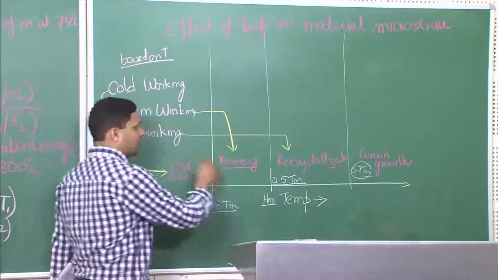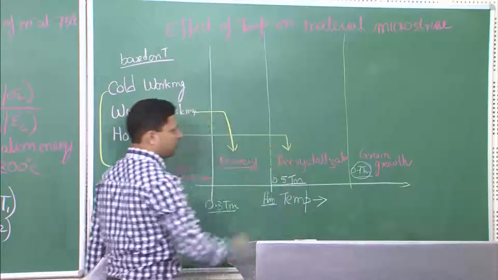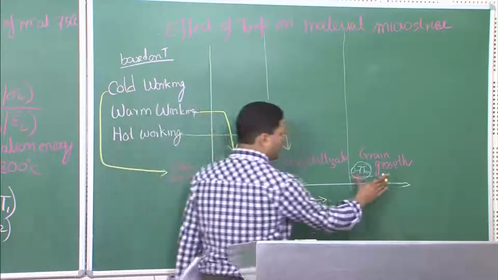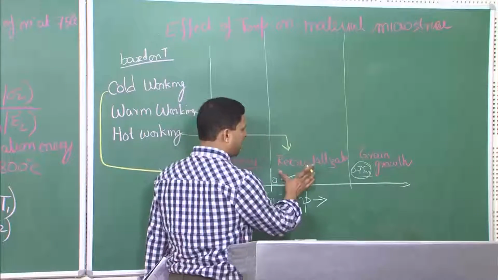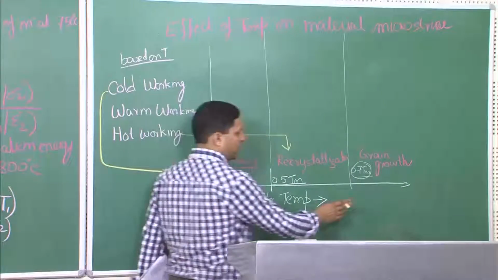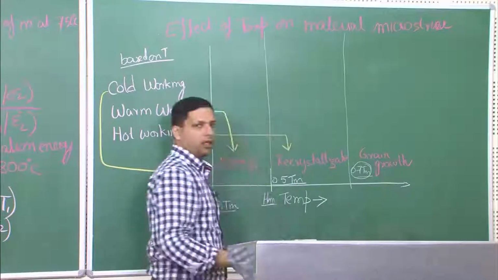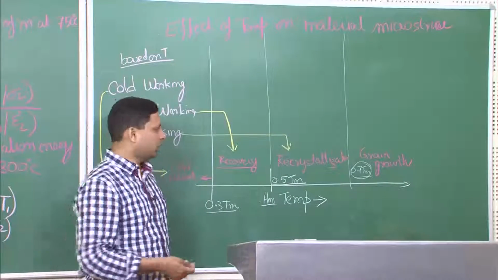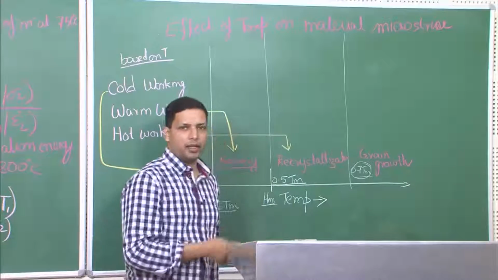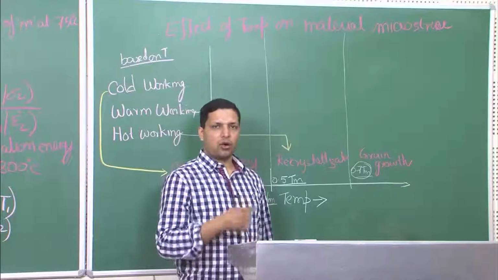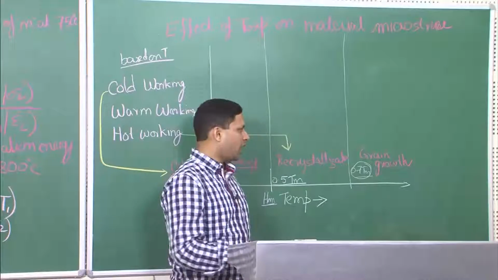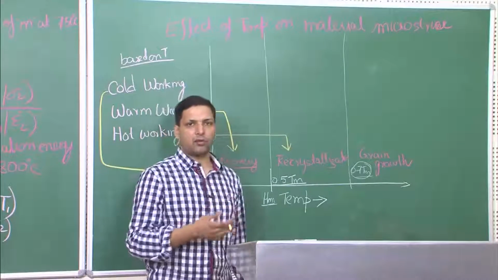Usually these are the only zones. You do not need to go beyond 0.6 or 0.7 Tm, because in this region you are not gaining anything; everything that you can gain is limited up to this point, and therefore this particular region is not related with any kind of working for deformation. If at all, it is related to annealing, so that you can get rid of all the previous defects or previous strain history and get the material as good as fresh.